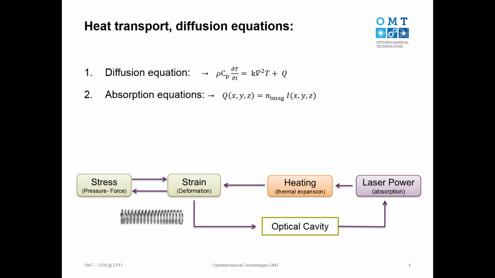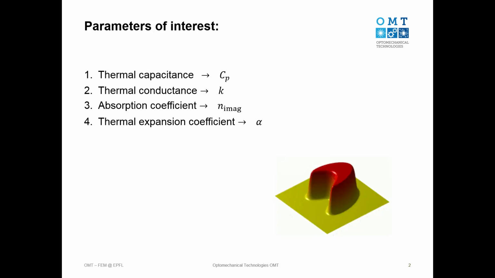In this physics, when you're dealing with thermal transport, the parameters of interest are thermal capacitance, thermal conductance, and absorption coefficient if you want to study laser heating. And if you want to see the effect of thermal transport on mechanics, obviously the thermal expansion coefficient is a relevant number.